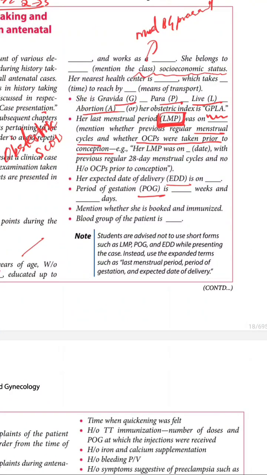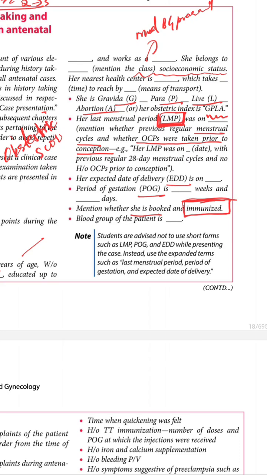So mention whether she is booked. When do you say booked? For minimum antenatal visits and immunized. Generally students will forget to mention it; they will just say she is a booked pregnancy.